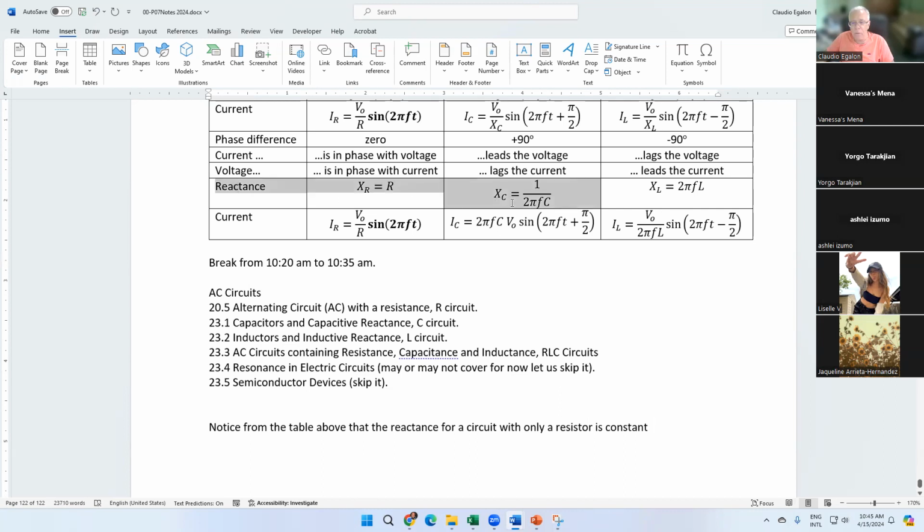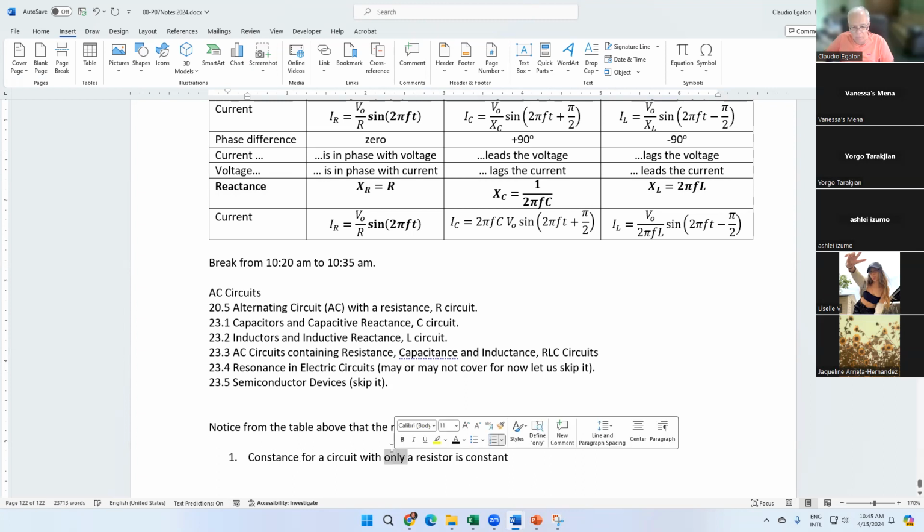I want you to concentrate on this part here of the table. The reactance is constant for a circuit with a resistor, constant and equal to R, right?